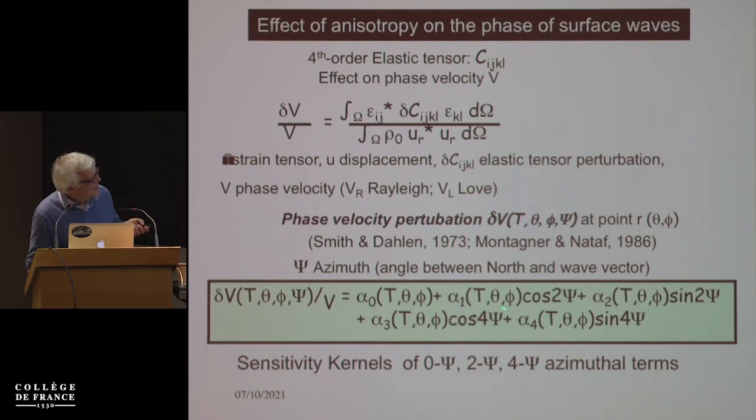And what is nice when we do this simple theory is that we can calculate the sensitivity kernels of these different azimuthal terms. So from a practical point of view, what we do is to derive the geographical distribution of these different azimuthal terms, alpha 0, alpha 1, and so on, up to alpha 4.